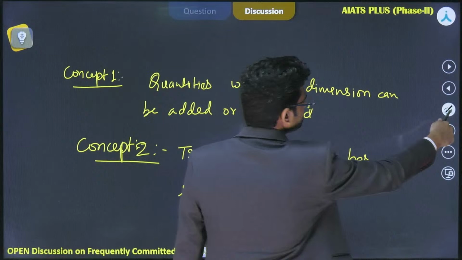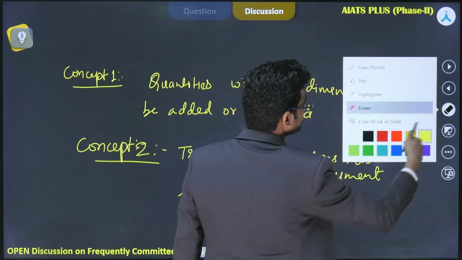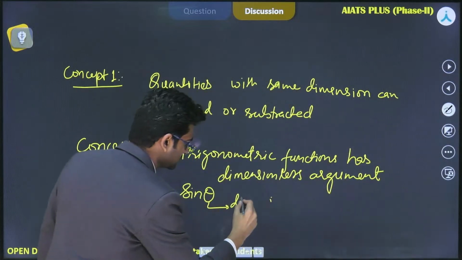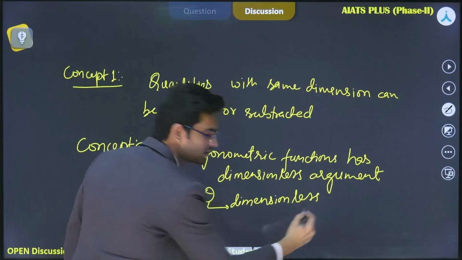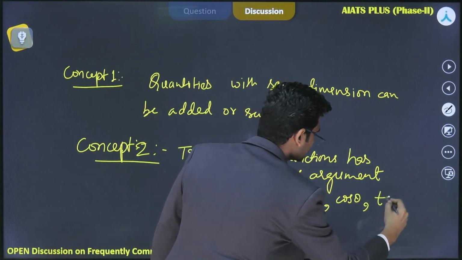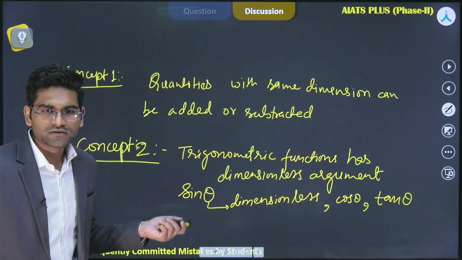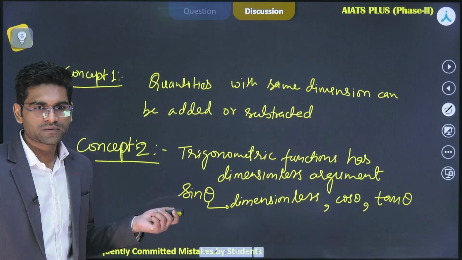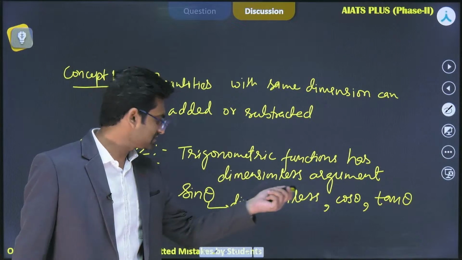Okay. Let me write the correct spelling. So this is dimensionless. Okay. Similarly, this is true for cos theta, tan theta, and other trigonometric functions. Now, okay, so this is theta and theta is dimensionless.